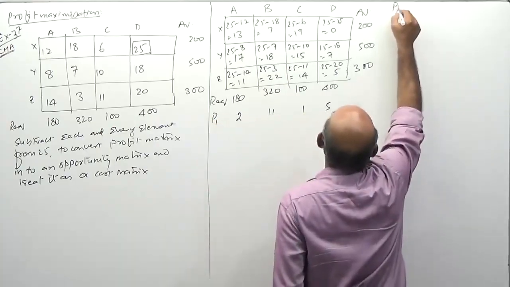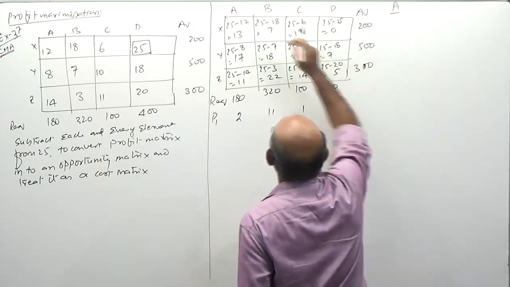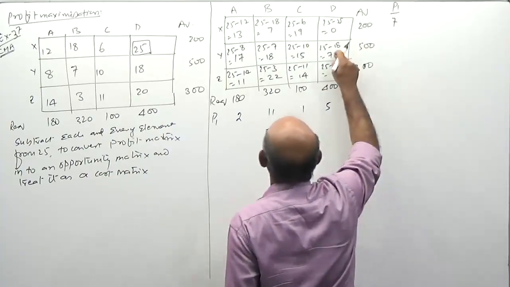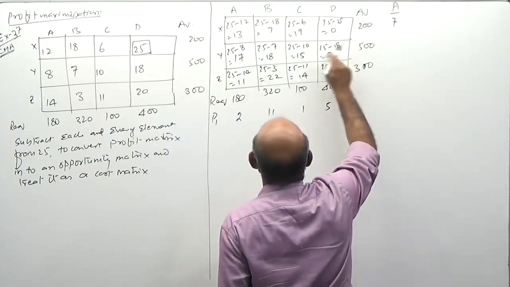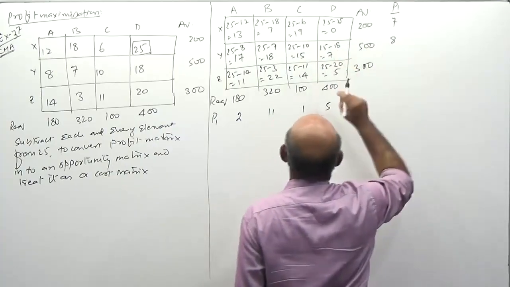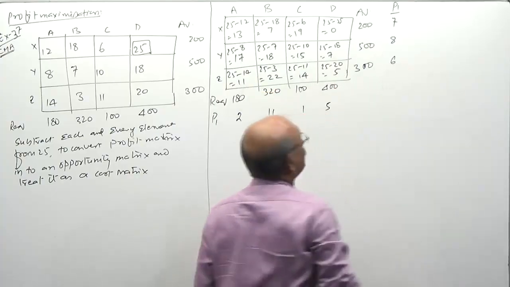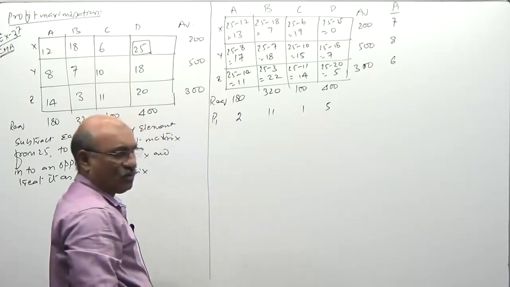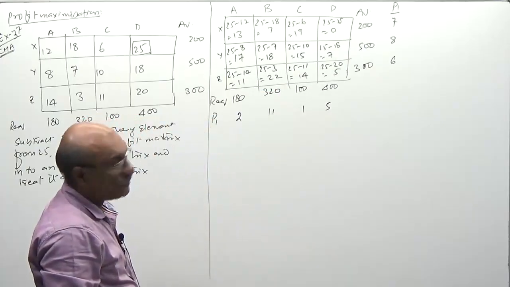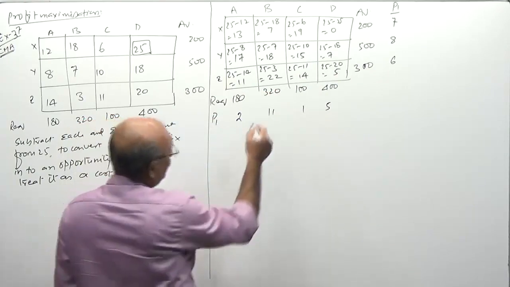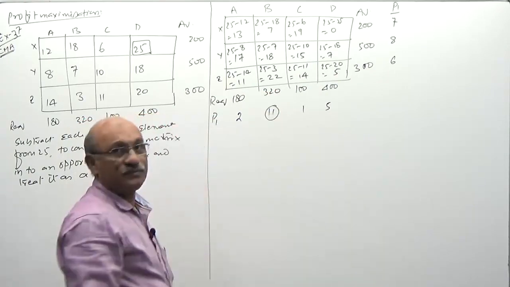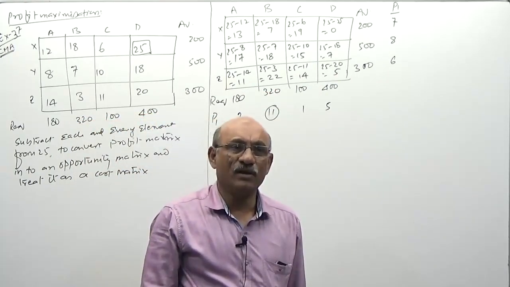Let's go for row wise penalties. 0 and 7 means 7 rupees. 7 and 15, 8 rupees. 5 and 11, 6 rupees. What is the maximum penalty? 11 rupees. Maximum penalty is 11 rupees.